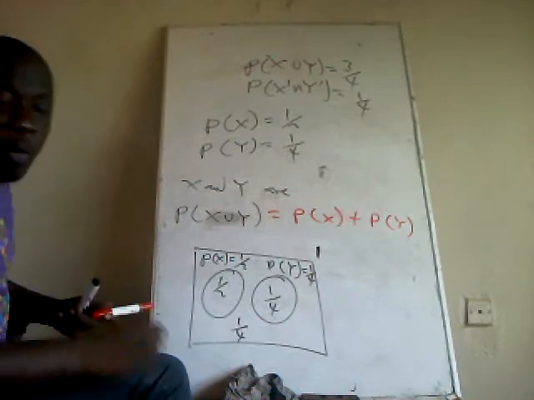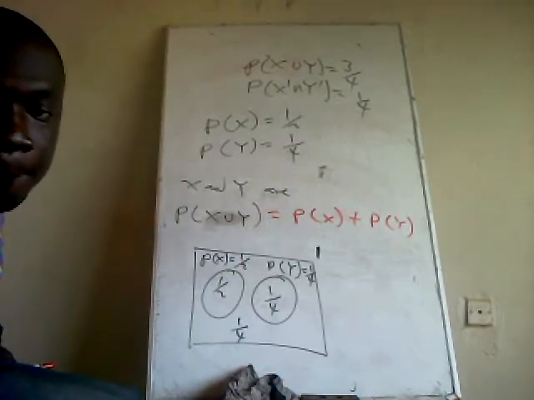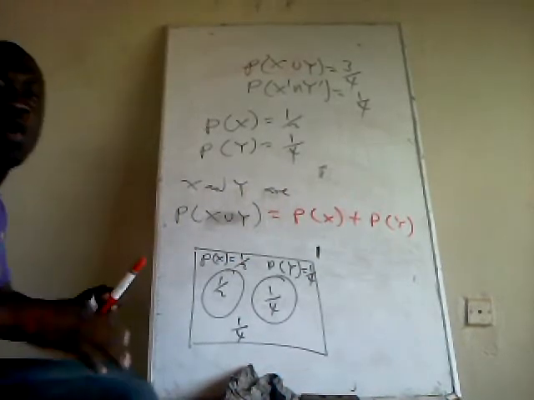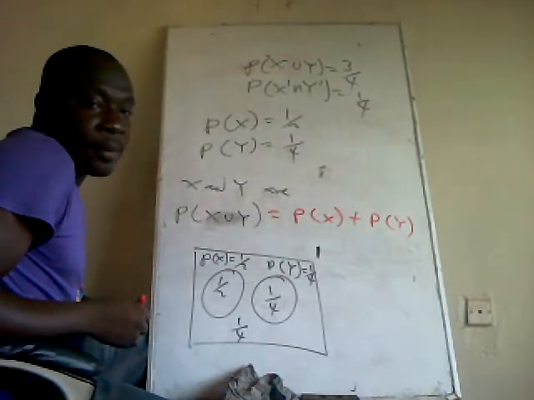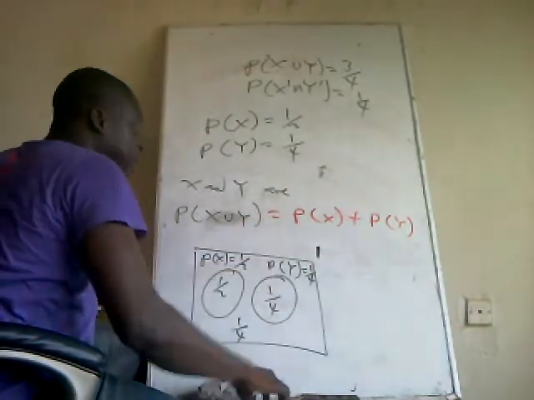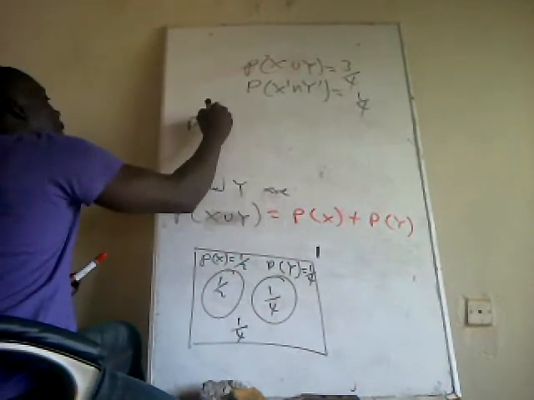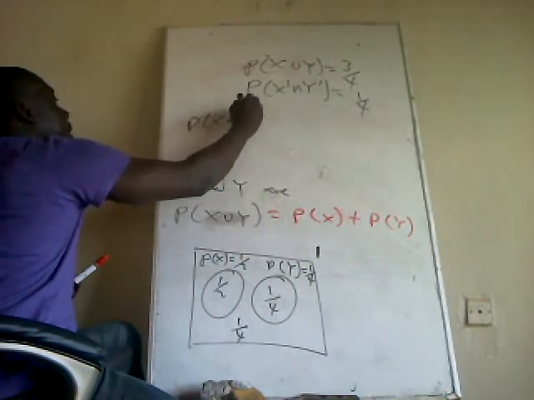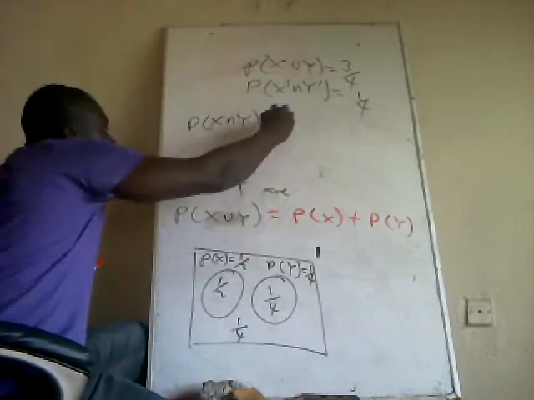Okay, now the question says you should find P of X intersection Y. Now, because they are mutually exclusive, P of X intersection Y is 0.